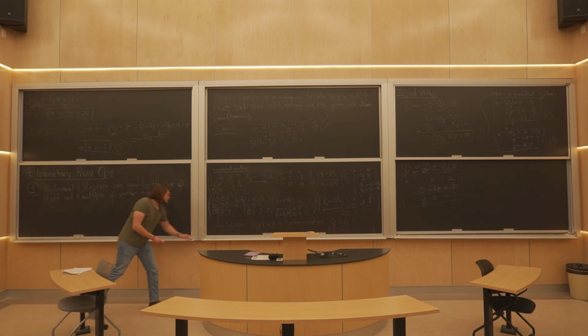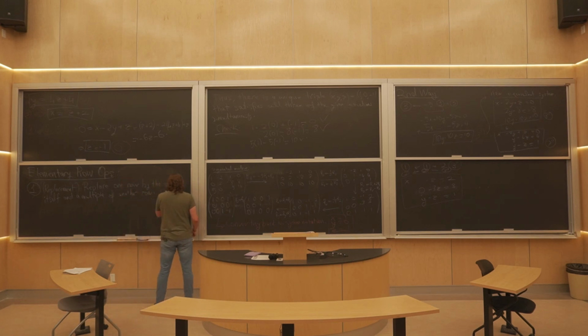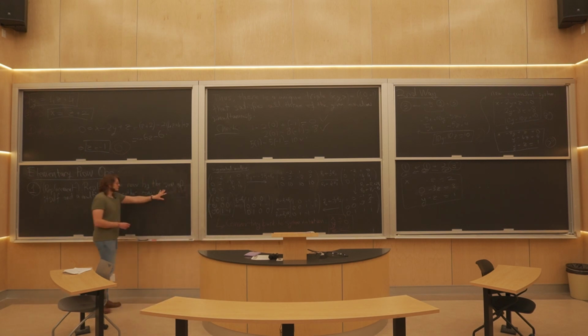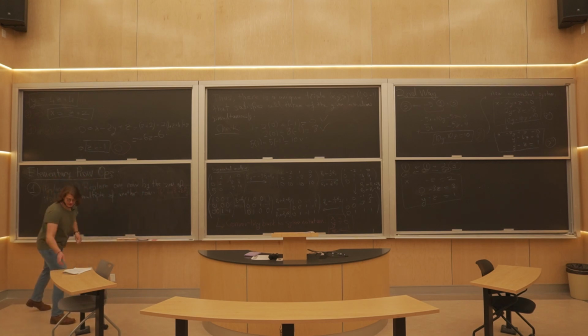So briefly, I can just write it like this, okay? Replace row I by, let's say, A times row I plus B times row J. Okay? This is sort of like a shorthand for this expression.